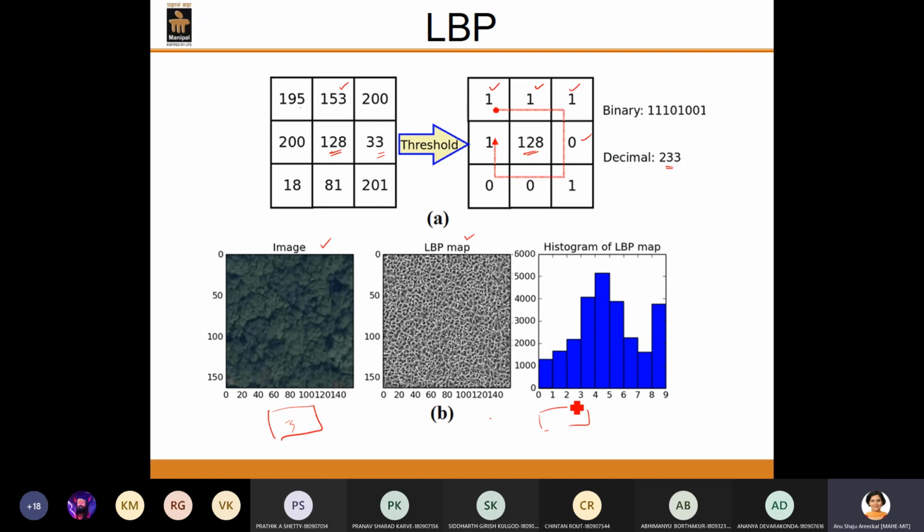What is usually done is how similar or how different these two histograms are is calculated, in order to identify or recognize the texture present in these images. There are various ways by which this is processed, but the LBP histogram is basically the texture description for this particular image. So this is how the LBP, or the local binary pattern, works.